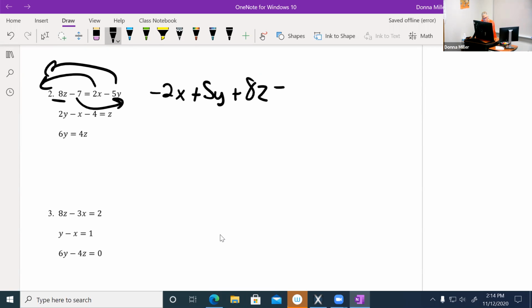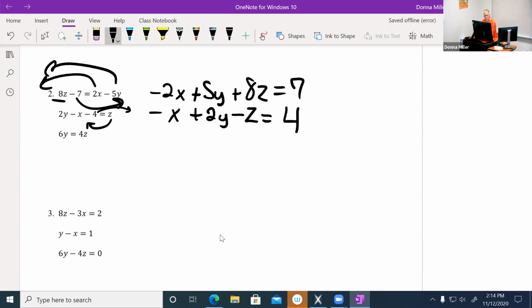The -7 gets moved over, so it becomes positive. Is that all right? Next one. I've got -x plus 2y. Z is going to get moved over, so it becomes -z, and the -4 gets moved over, so it becomes +4.